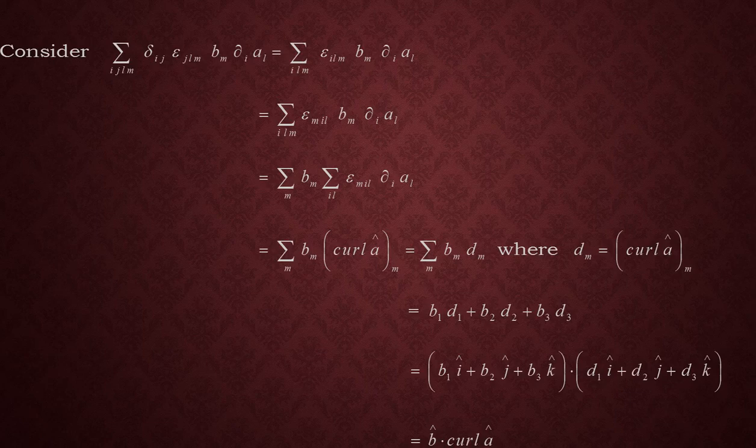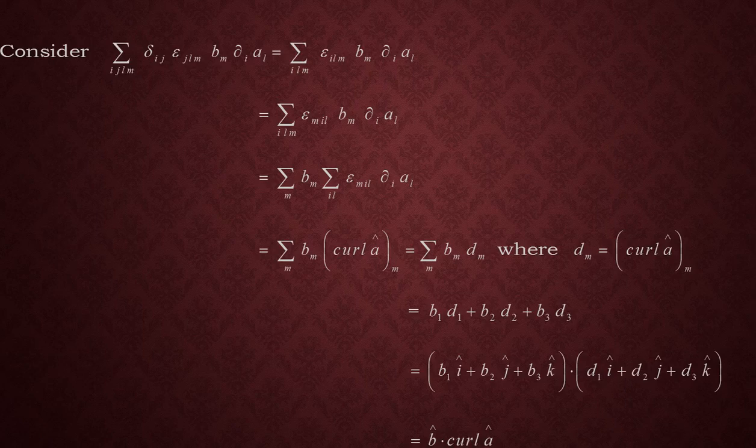Now this can be written as sigma over ilm epsilon suffix mil Bm dou i Al. Observe that I replaced epsilon suffix ilm with epsilon suffix mil because i, l, m are in the clockwise rotation.